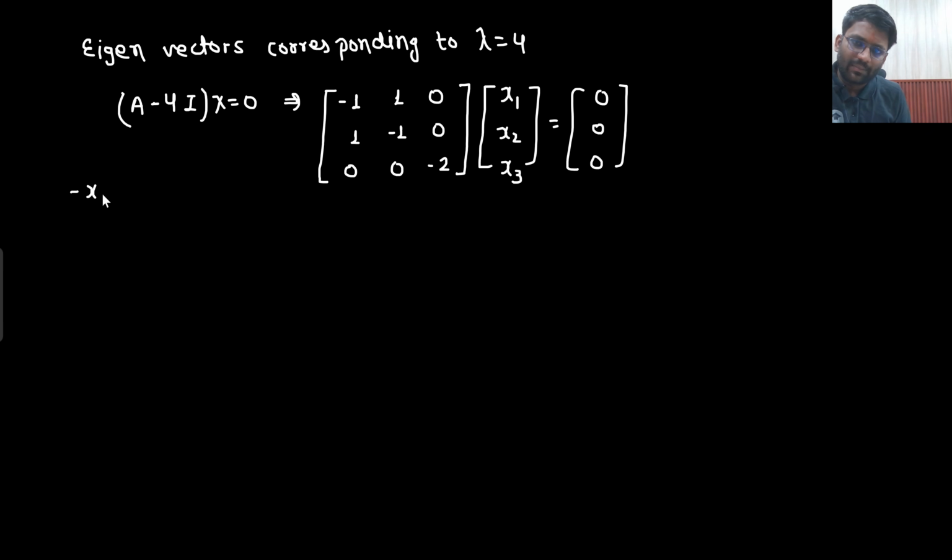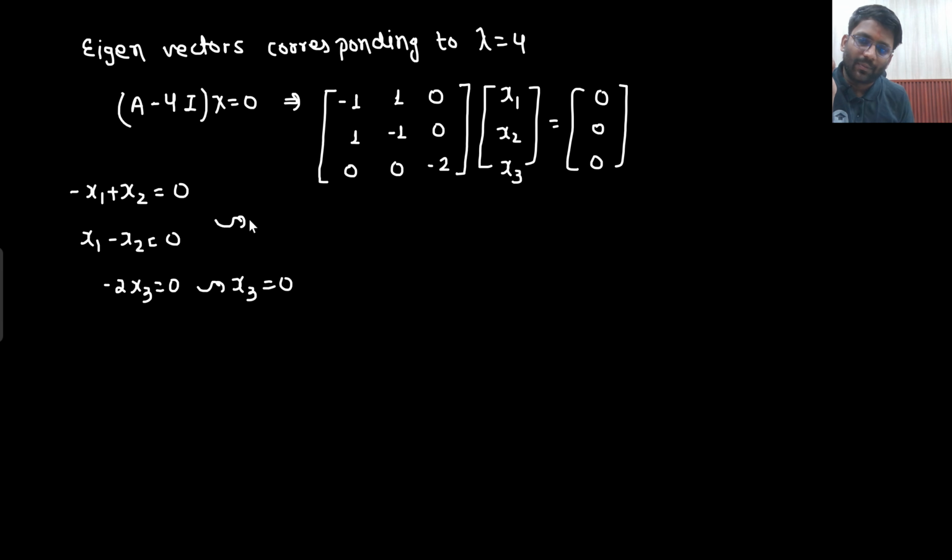So what answer will I get? Minus x1 plus x2 equals 0, x1 minus x2 equals 0, and minus 2x3 equals 0. So from here I am sure that x3 equals 0, and from here I am getting that x1 equals x2. Okay, so let's take this as C1.